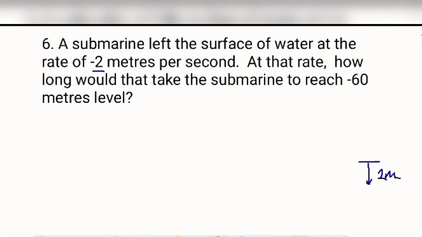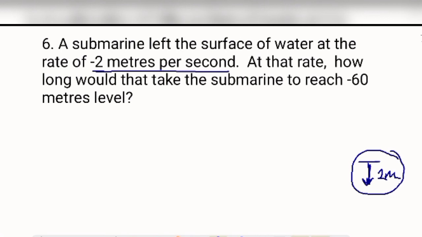Why have they written a minus sign here? Because the submarine is moving downwards, इसीलिए minus sign use किया. Okay. But if we want to calculate its speed, it cannot be negative. Speed कभी negative नहीं हो सकती. So we can simply say that the speed of the submarine is 2 meter per second. The submarine was moving downward, that's why they have written the minus sign.